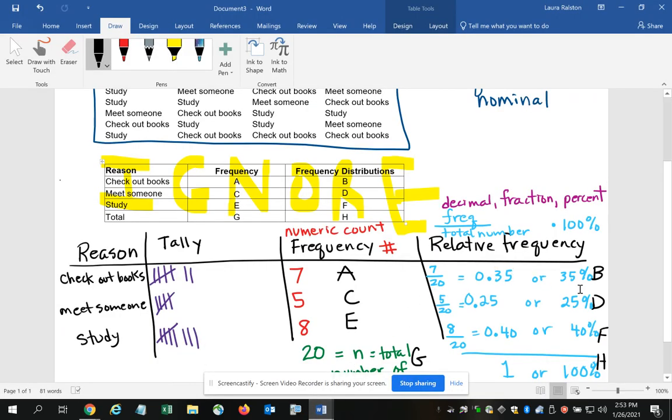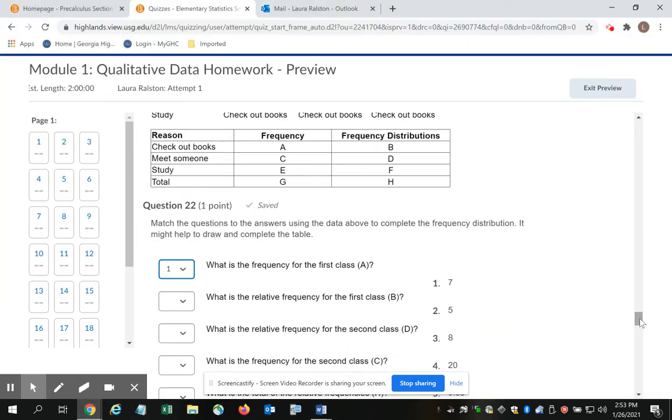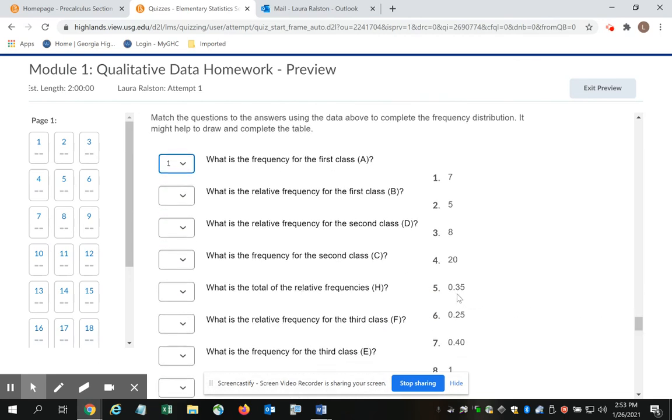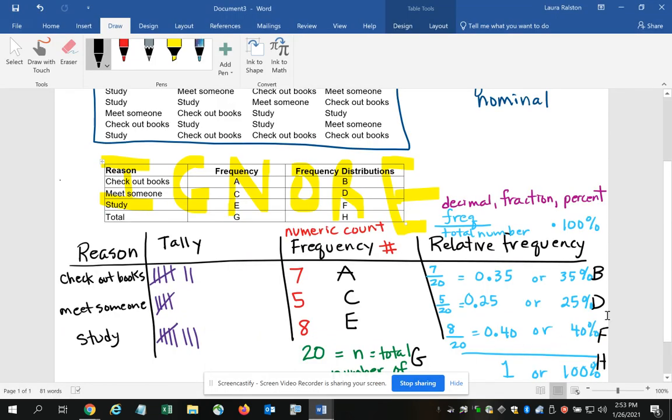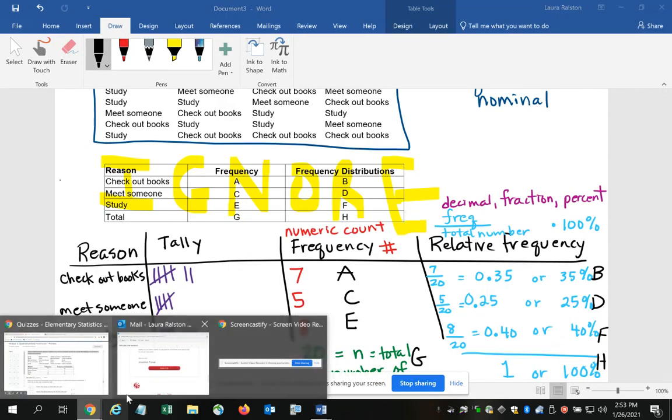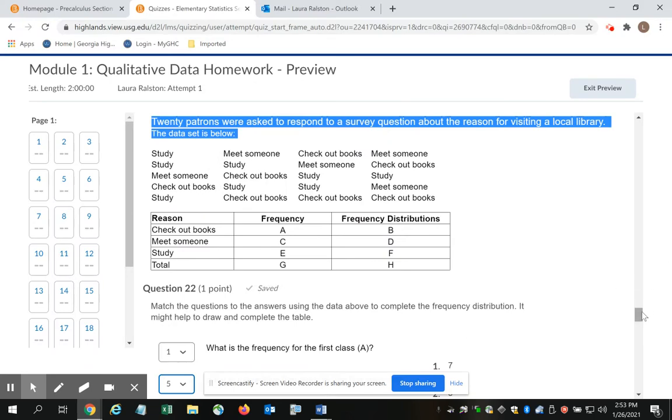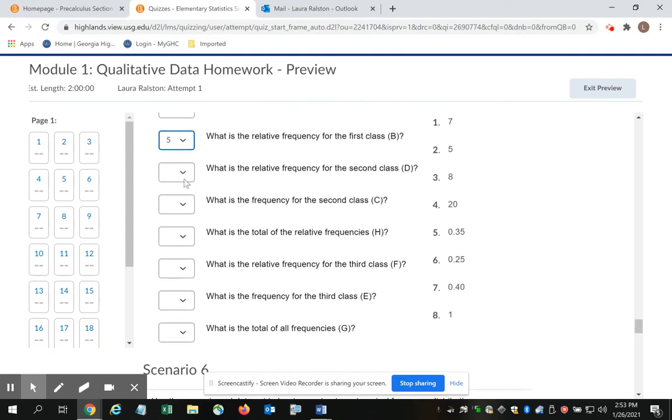The relative frequency was 0.35. So I'm going to look down this list of options, and I notice that 0.35 is option 5. What is the relative frequency of the second class? That corresponds to D. D was 25% or 0.25. So again, you have to scroll the choices on the right. That was option 6, and you match them up. Each option 1 through 8 will only be used one time with the matching.